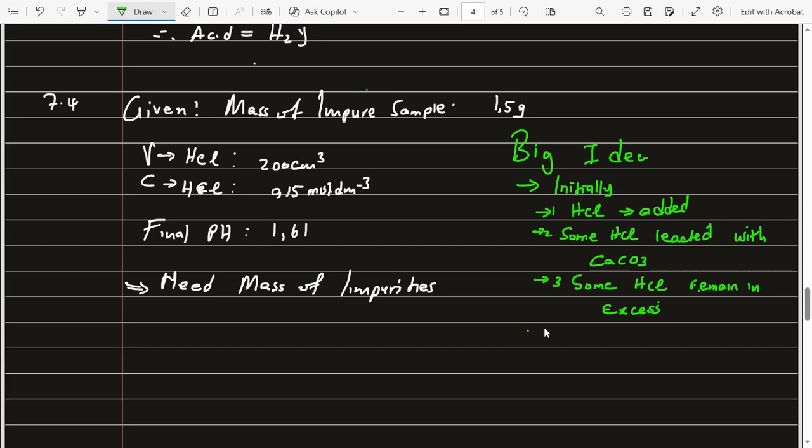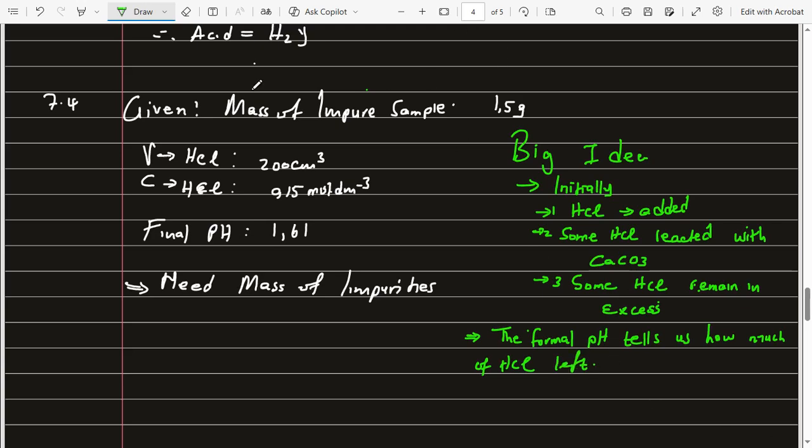Then the final pH tells us exactly how much HCl is left.